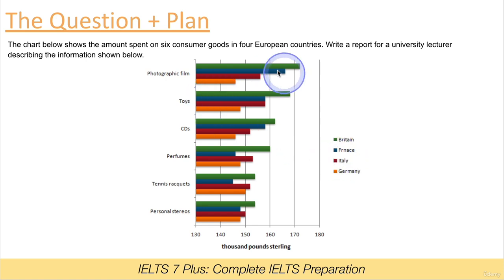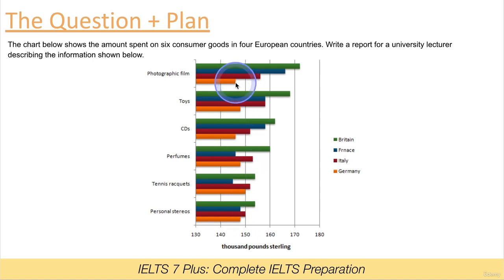What about Germany and France? What's happening there? France, we're going down, and then we're going up in personal stereo, so a bit of fluctuation throughout the categories there. Germany, what's happening with Germany?